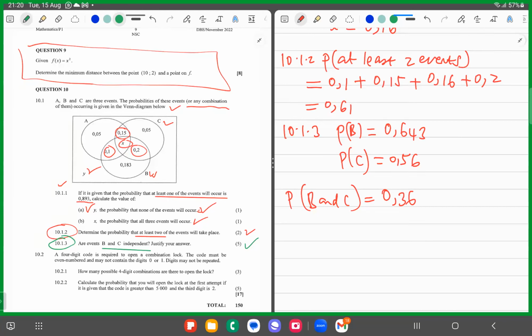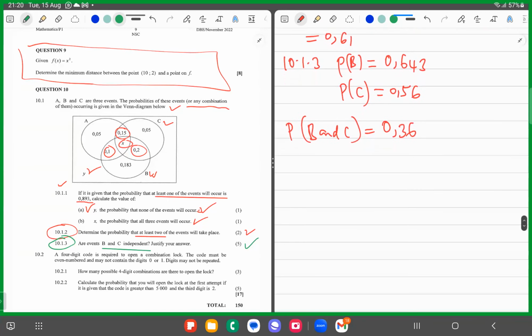So the next thing we're going to do, that's the probability of what is in B and C. Now, you have the probability of B alone and the probability of C only. The probability of B only, we already said, is 0.643. The probability of C only is 0.56. Those you can take from there.